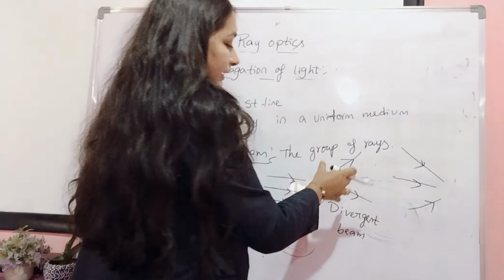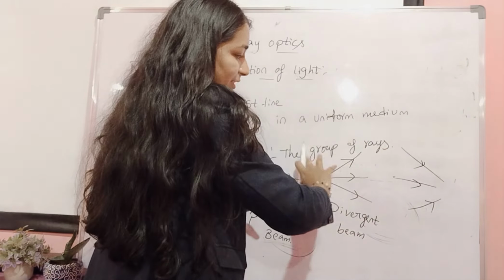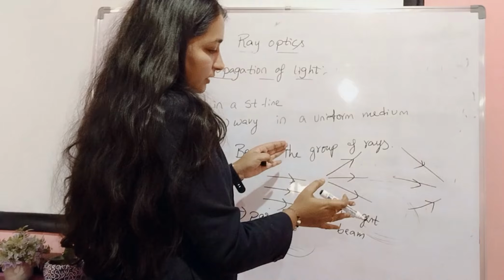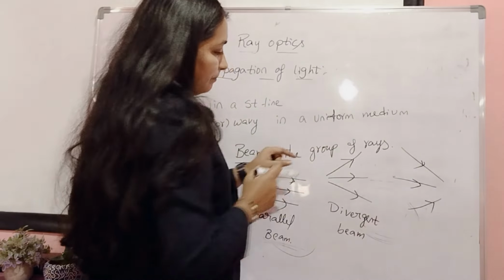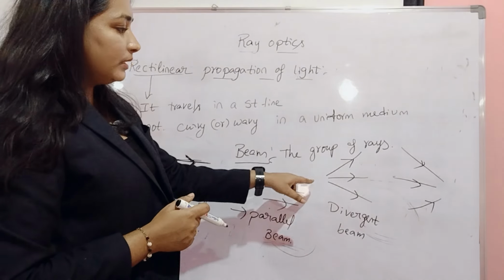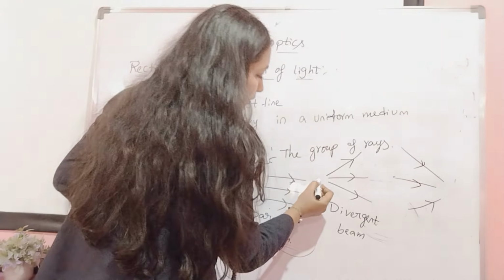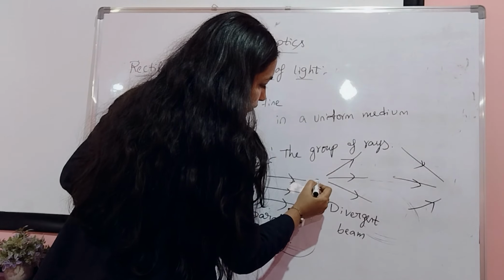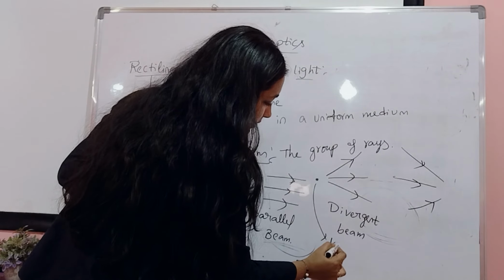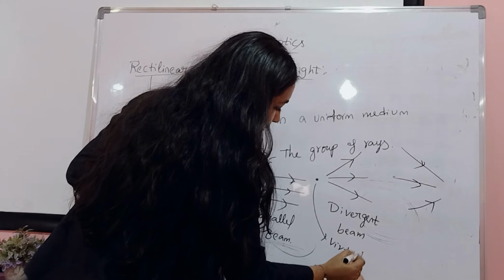So in divergent beam the group of rays are spreading out from each other, and they appear to originate from the common point, so that is called virtual focal point.